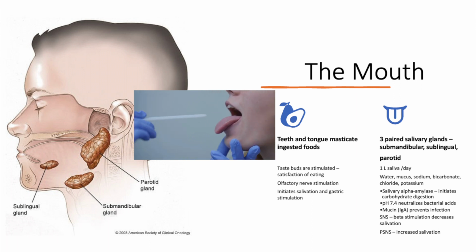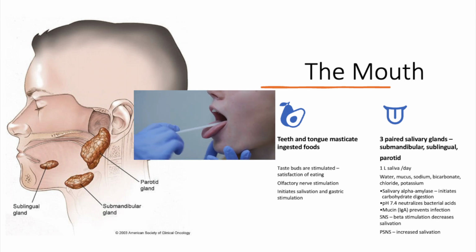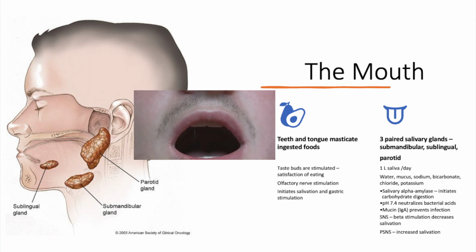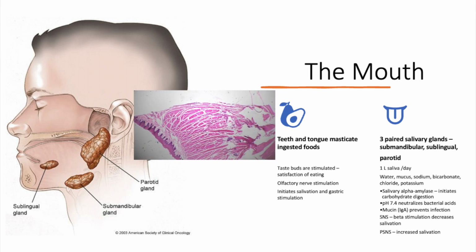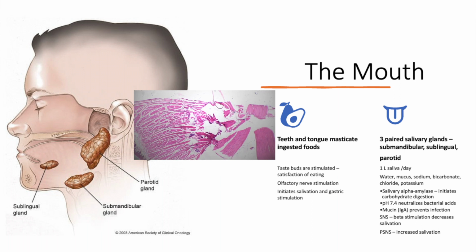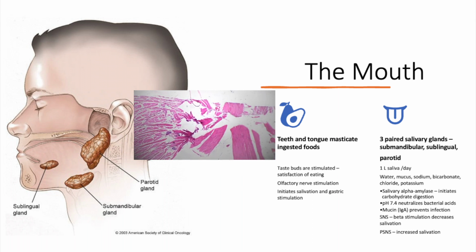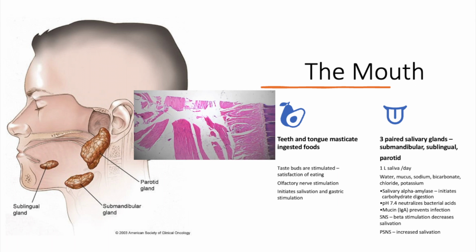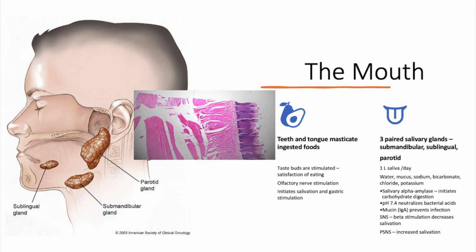As food is masticated, particles move around the oral cavity and stimulate taste buds, bundles of neurons that detect salty, sour, bitter, sweet, and savory or umami flavors. In addition, food particles can stimulate the olfactory nerve as odor and contribute to satisfaction of eating and preparing the GI tract for salivation and gastric juice secretion.